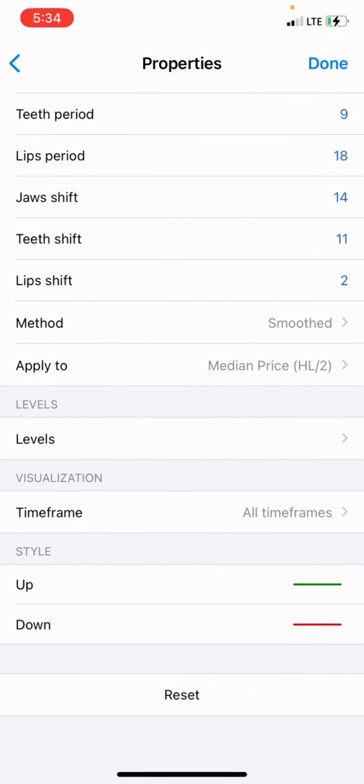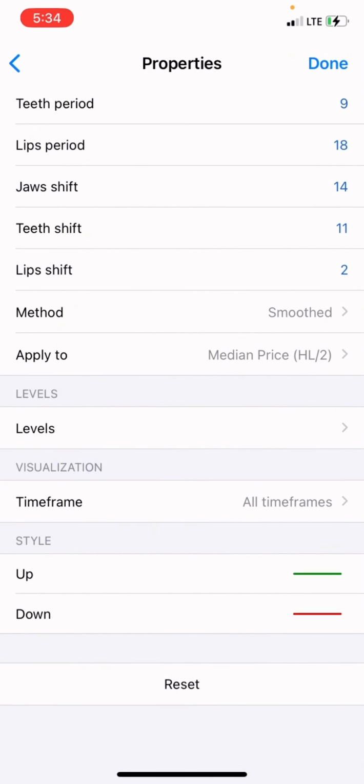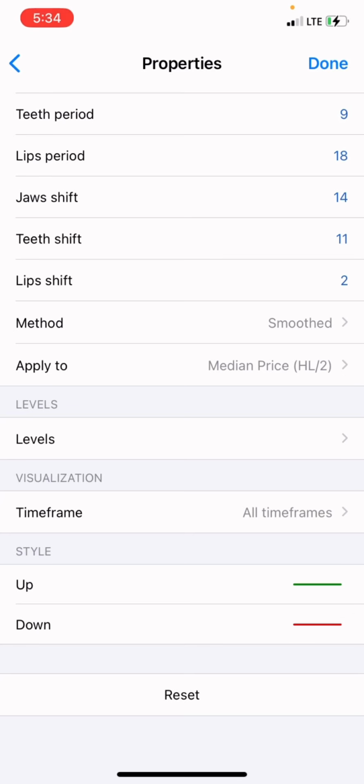Apply to median price. Then for levels, you skip that part. Visualization, make sure you put it at all time frames, and for styling, up I'm using green, down I'm using red.